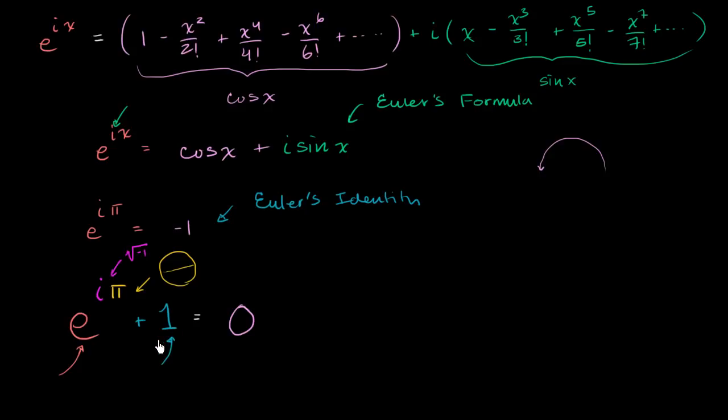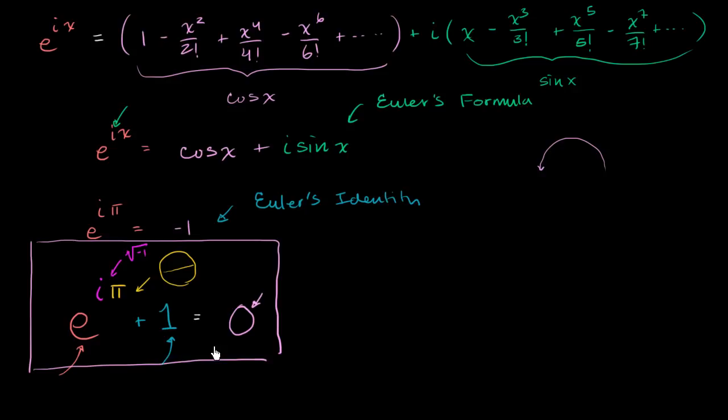You have 1, I don't have to explain why 1 is a cool number, and I shouldn't have to explain why 0 is a cool number. And so this right here connects all of these fundamental numbers in some mystical way that shows there's some connectedness to the universe. So frankly, if this does not blow your mind, you really have no emotion.